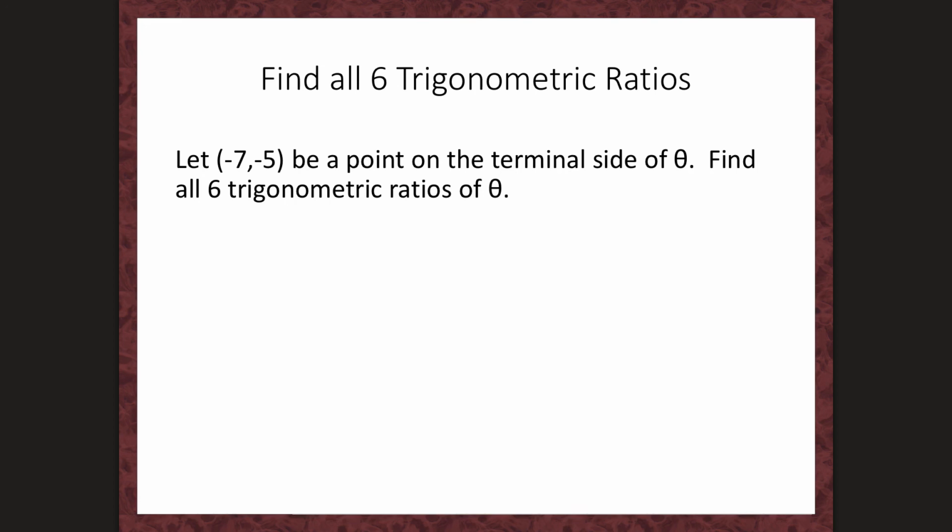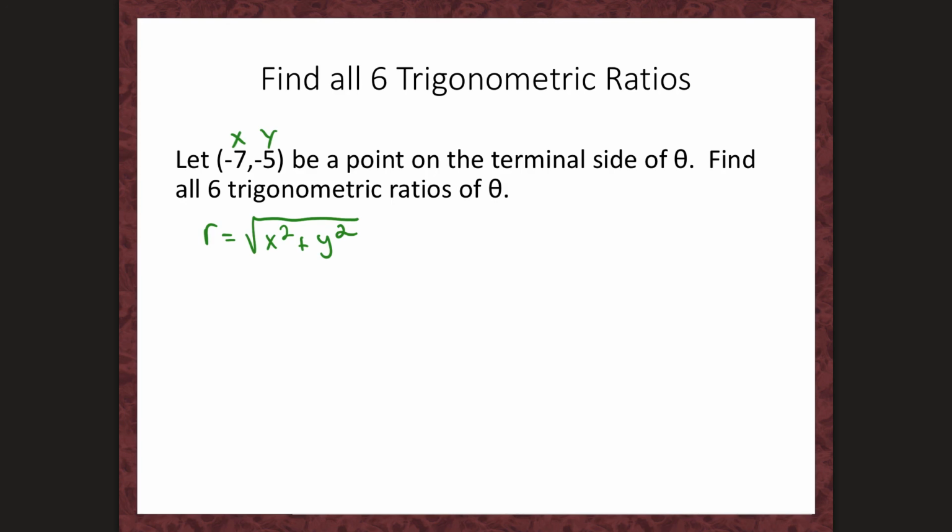That's great, but before we get to that point, let's do the simple part. Let's just find what r is. The equation for r is the square root of x squared plus y squared. And this is just an adaptation of the distance formula or the Pythagorean theorem. So I know my x value is -7 and my y value is -5.